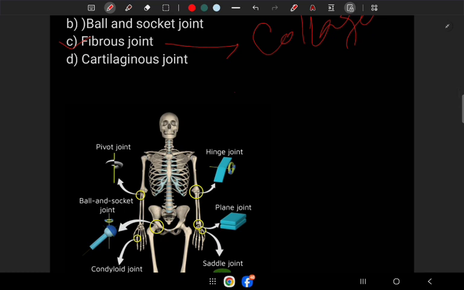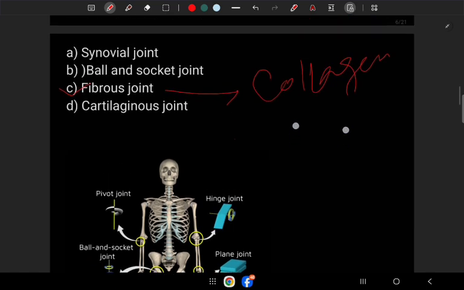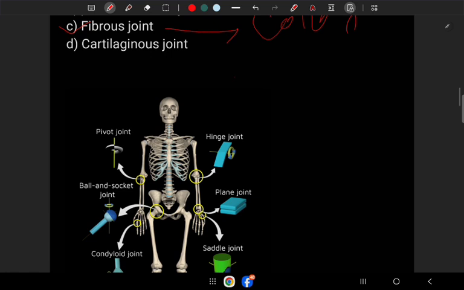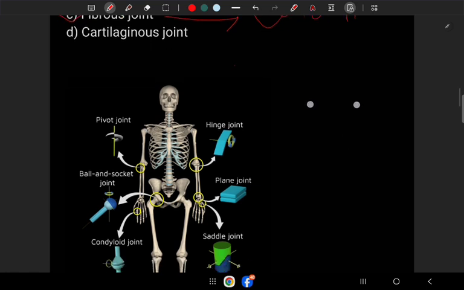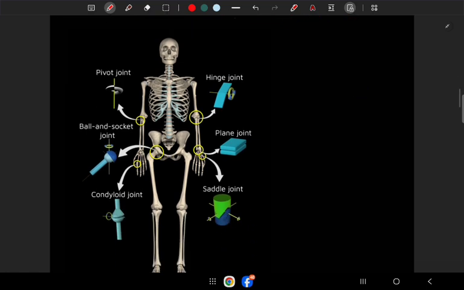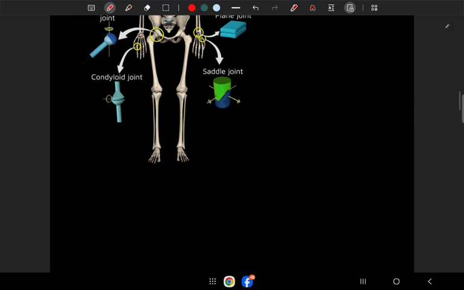Ball and socket joints are present in the shoulder and hip. Synovial joints are present where two bones are attached and synovial fluid is present between them. This is a freely movable joint.